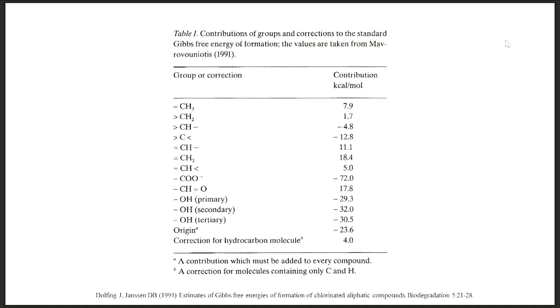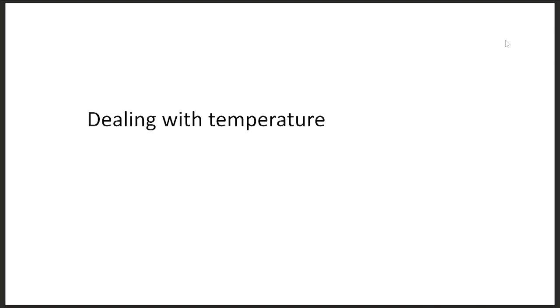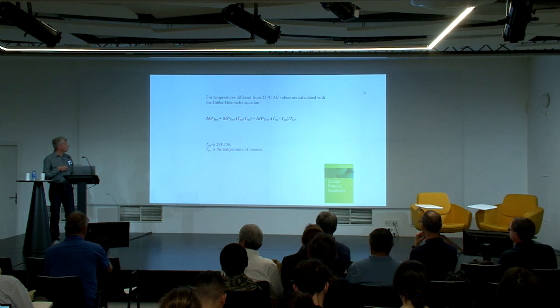Okay, so this is a table that lists the contribution for the different groups. So, okay, this is basically what we just discussed. And then the dealing with the temperature that I told you about. If you have the delta G, you want the delta G under your actual temperature, then you take the delta G under standard conditions, your reference temperature, and you simply multiply by this factor, the actual temperature divided by the reference temperature.